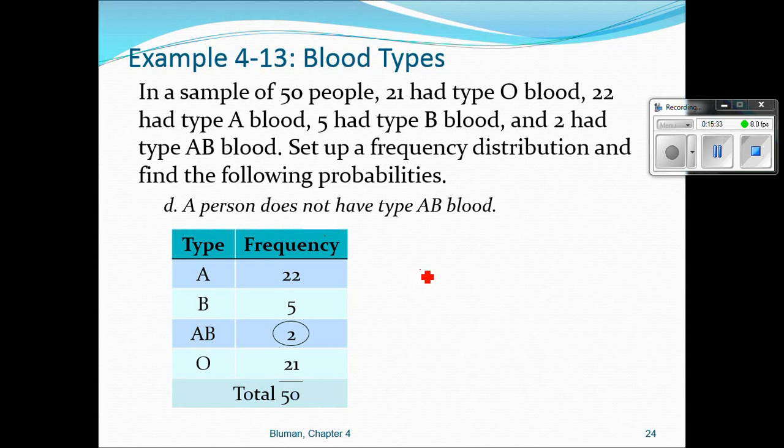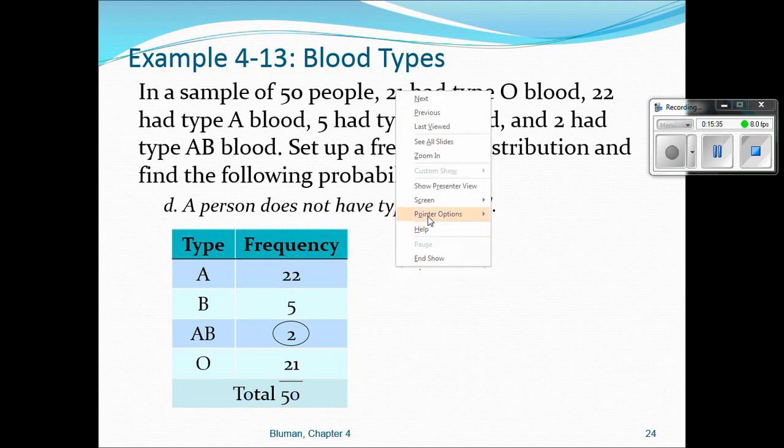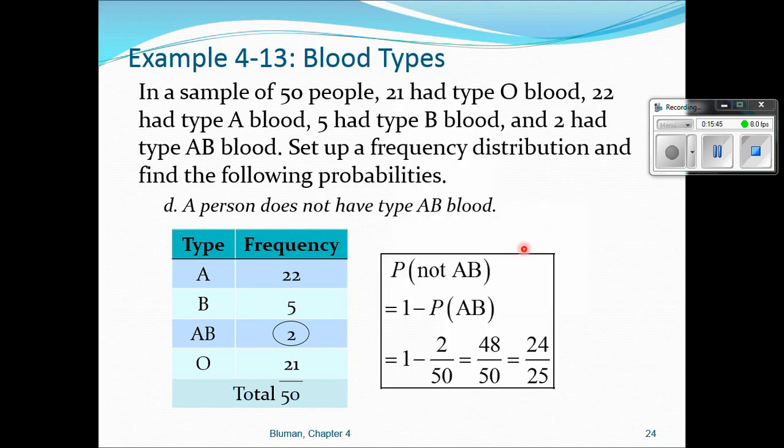And it's easier, to just taking the complement of it. So the probability of not having AB would be the probability of having AB subtracted from 1, because 1 represents 100%. So 1 minus 2/50ths is 48/50ths, which reduces to 24/25ths.